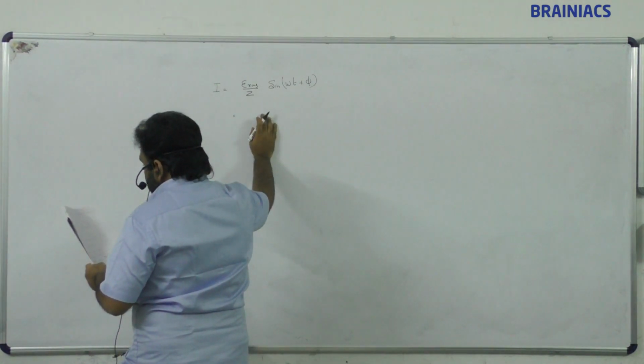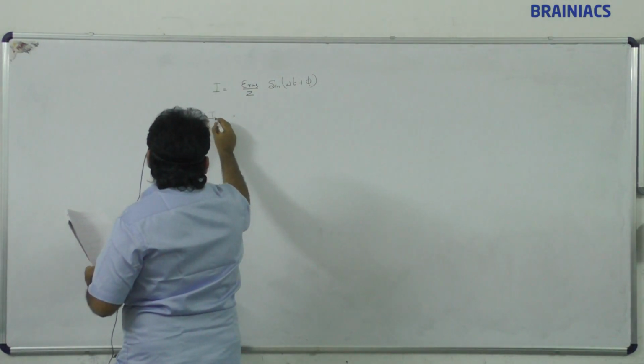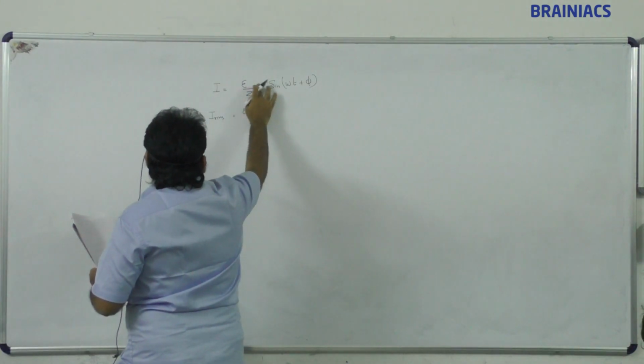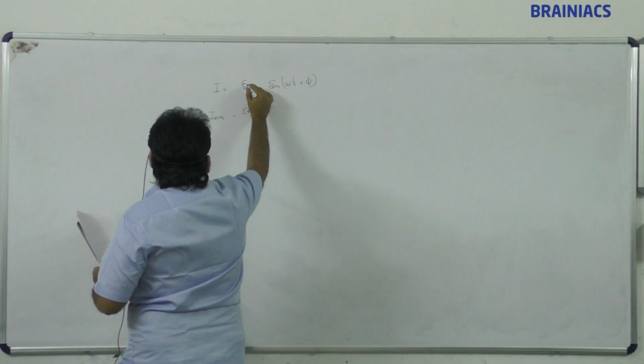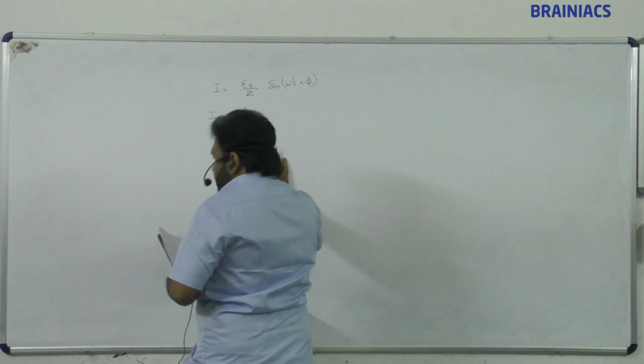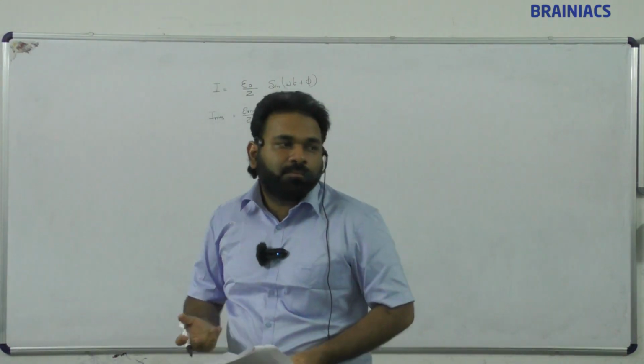What is the source voltage? 90 volt is given. So IRMS is equal to ERMS, I'm sorry, this is going to be E naught. So ERMS by Z is the value of the reading of the ammeter. What will that be? The RMS value.